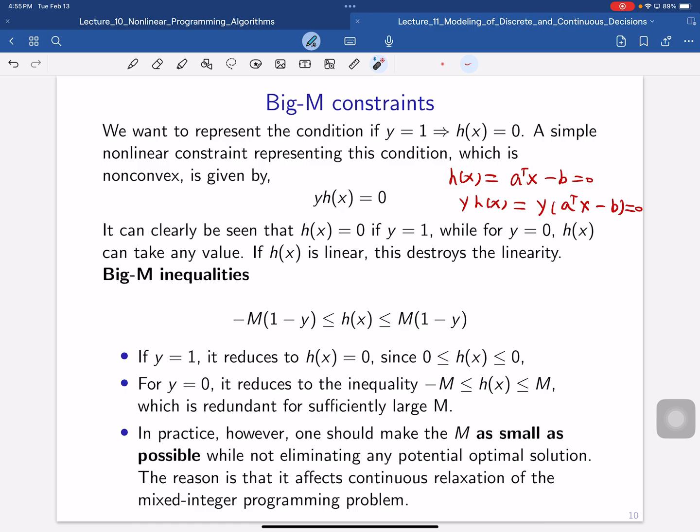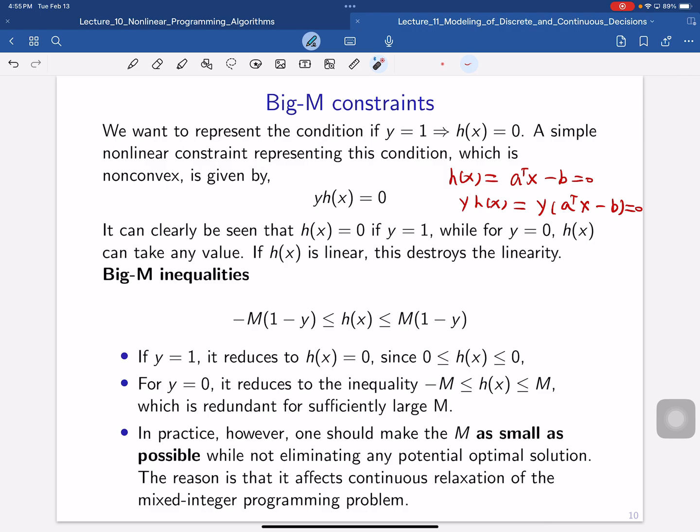Then perhaps this is a good formulation. But up until now, all the good methods to solve mixed integer linear programming problems rely on continuous relaxations, right?